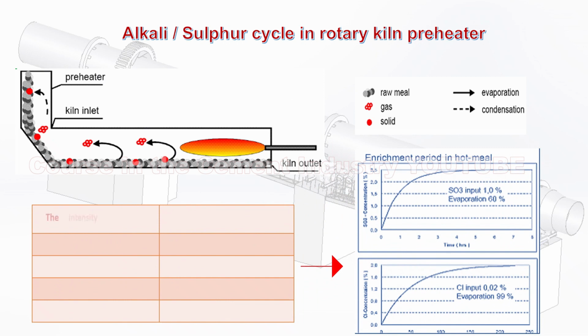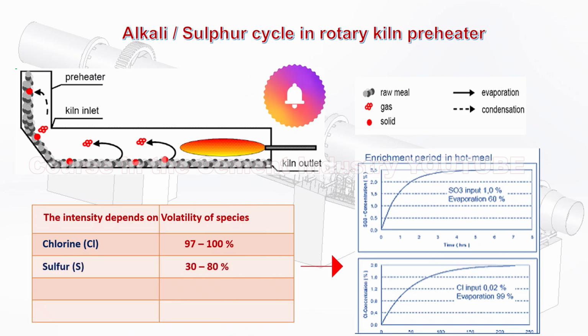The intensity depends on the volatility of the species. 1. Chlorine, Cl, 97 to 100%. 2. Sulfur, S, 30 to 80%. 3. Potassium, K, 10 to 70%. 4. Sodium, Na, 5 to 40%.